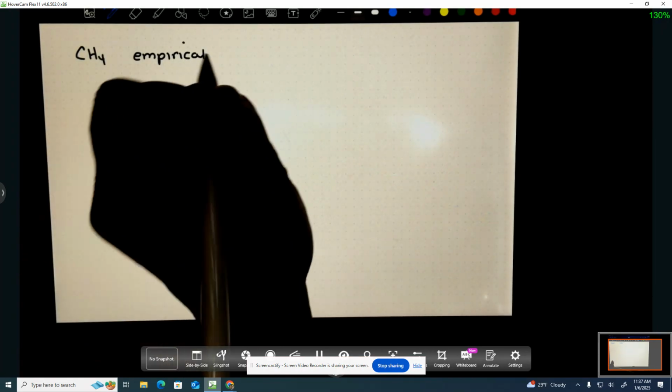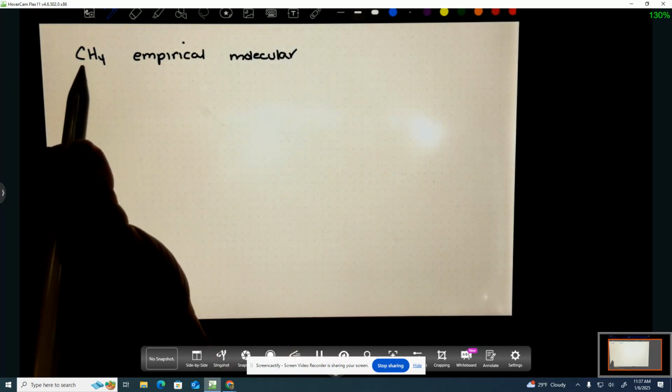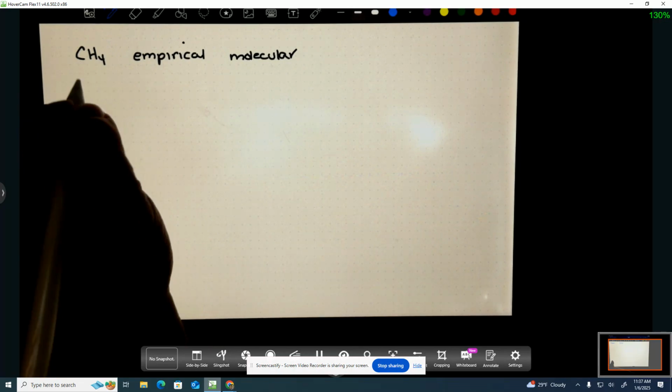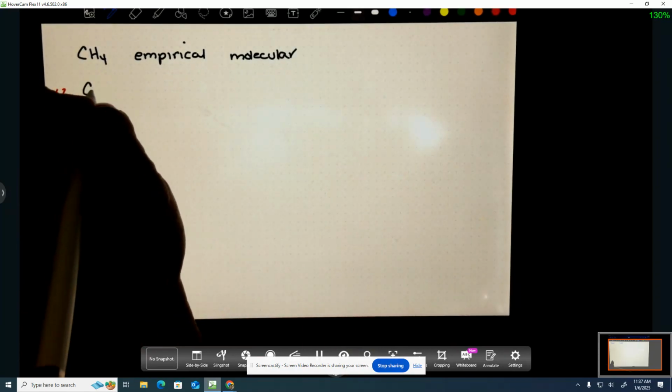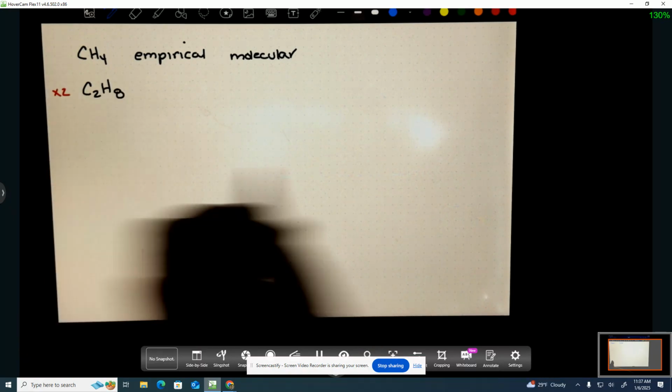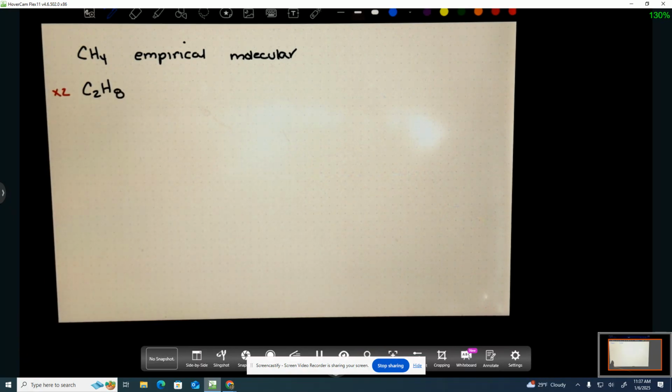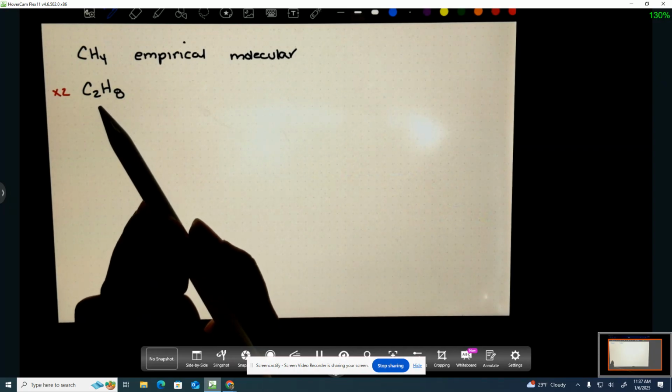Let's take this one, CH4. CH4 is an empirical formula. It is also a molecular formula. It is both, because it's telling me I have 1 carbon and 4 hydrogens. If I double this, so it's times 2, I would have 2 carbons and 8 hydrogens. Is that an empirical formula?